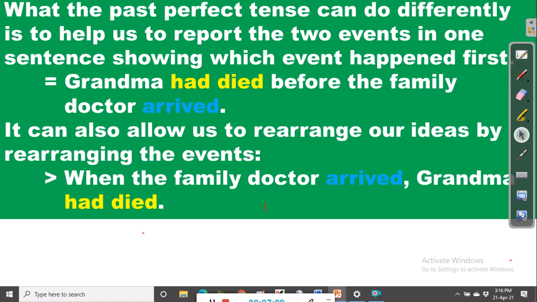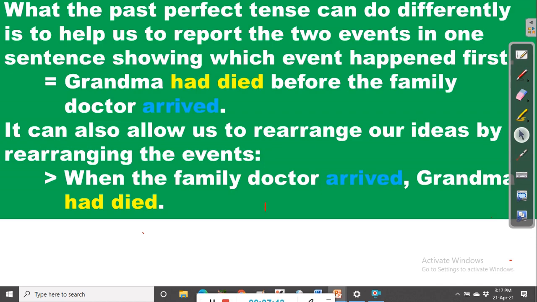And you will notice that whether we indicate the event that happened first in the first part of our sentence or we make it the latter part of our sentence, using the past perfect enables us to indicate that that was exactly what happened first. It doesn't matter whether it comes at the beginning of the sentence or the ending of the sentence.